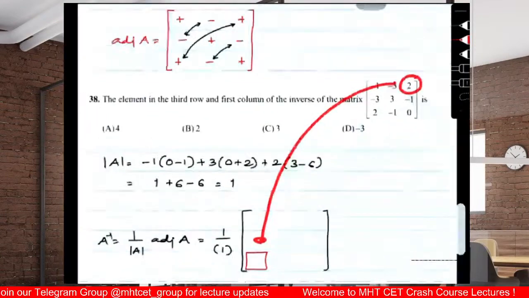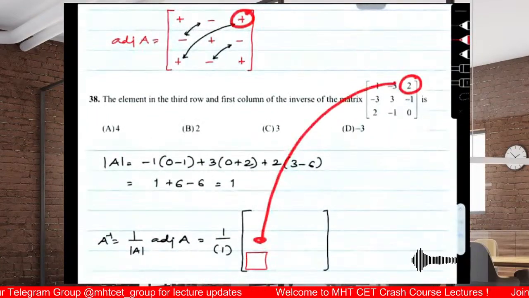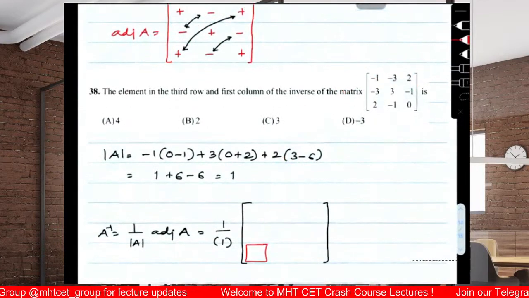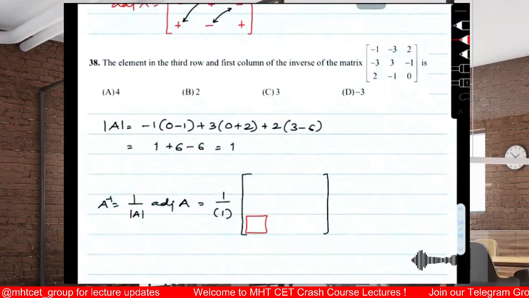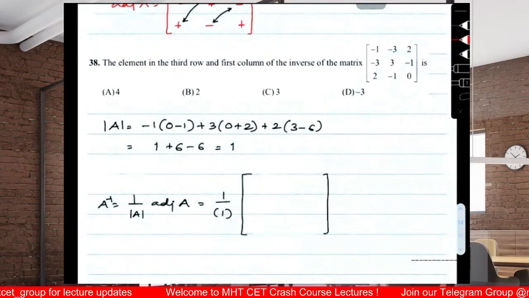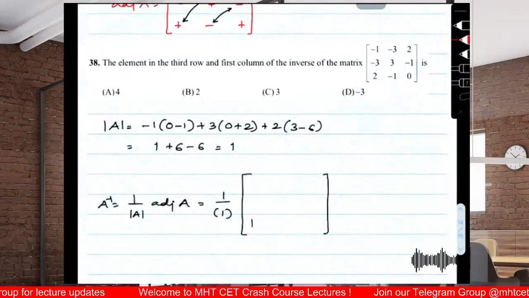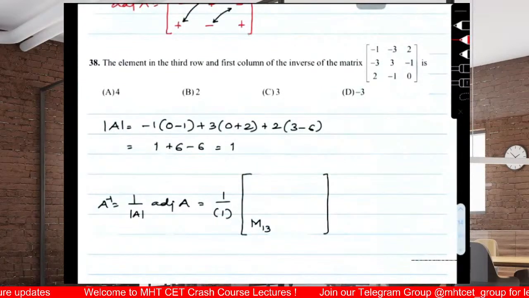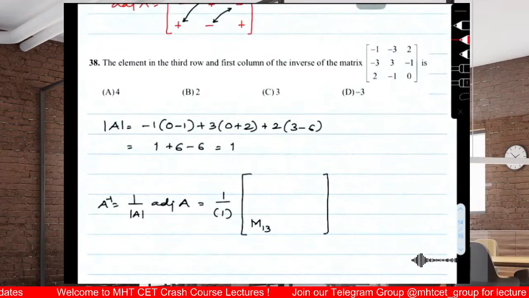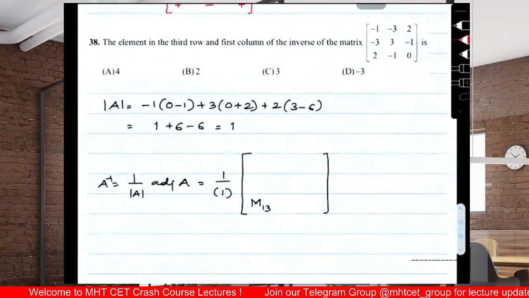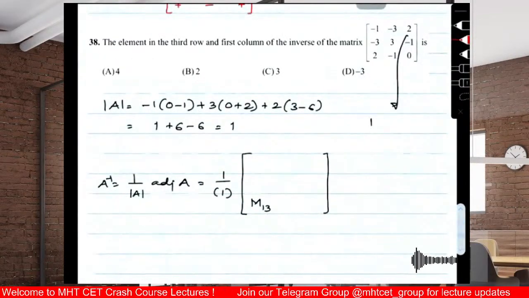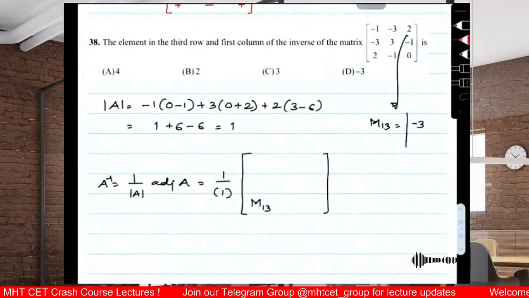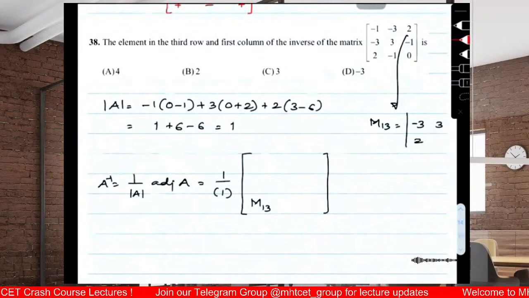So this element should be minor of 1 3. Minor 1 3 will be -3 3 2 minus 1.